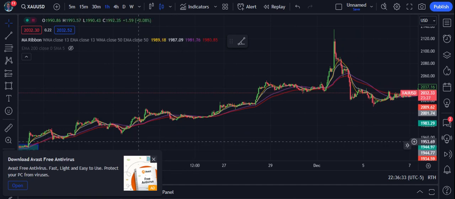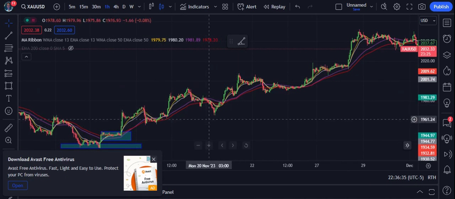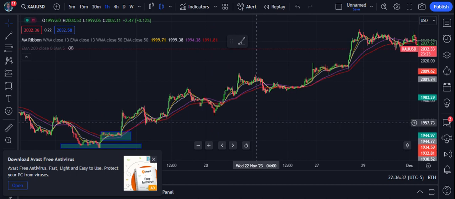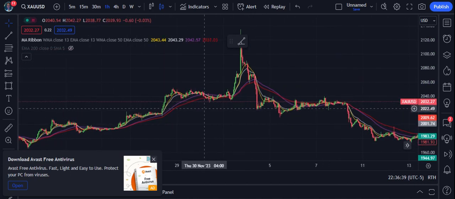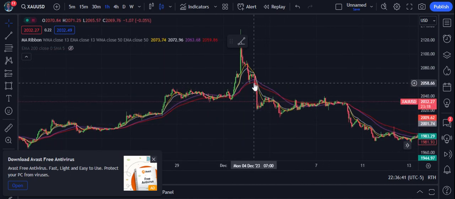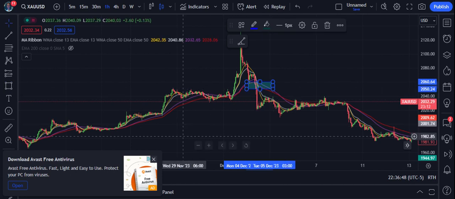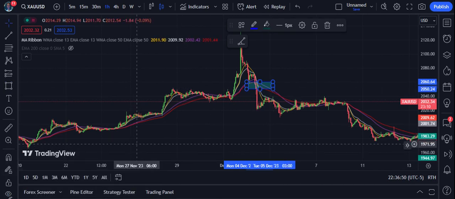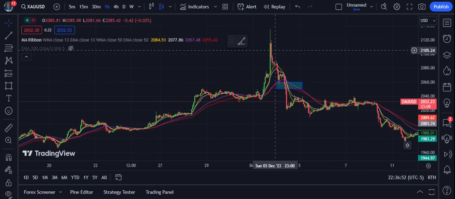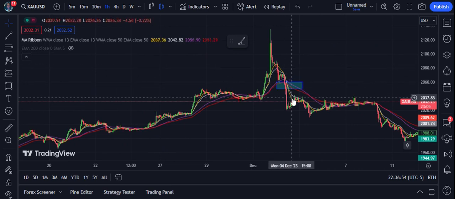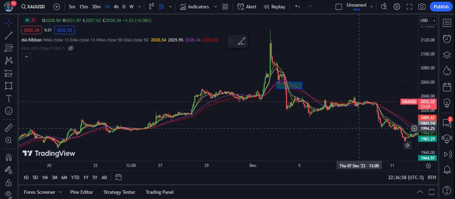So I could have exited here, or I could have exited maybe here. This could be an exit point. Right here could have been my exit point for this trade, because of the moving averages crossing and a possible downtrend that will occur.